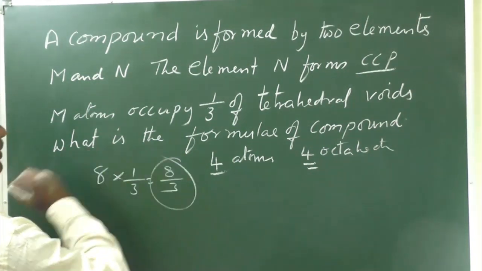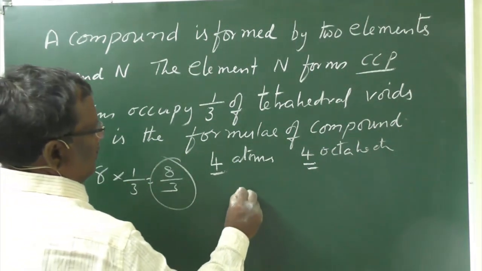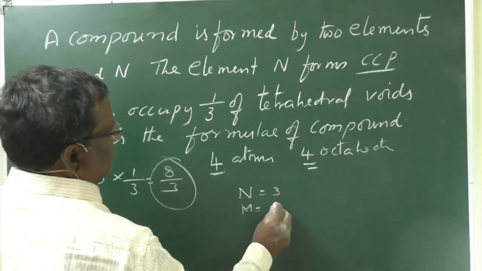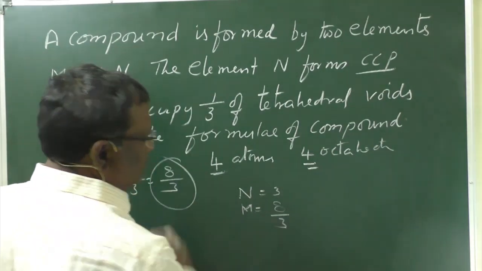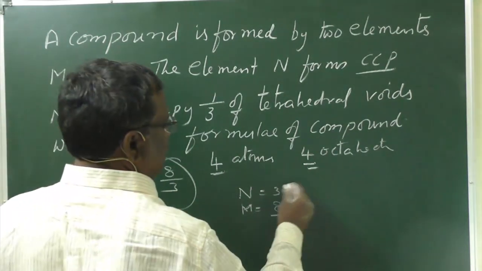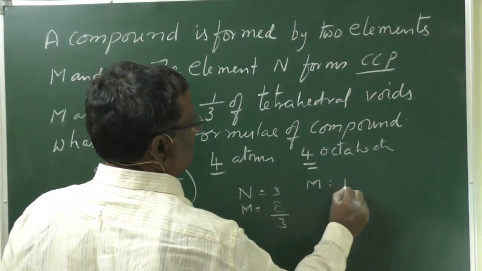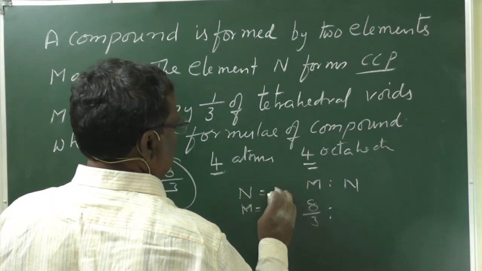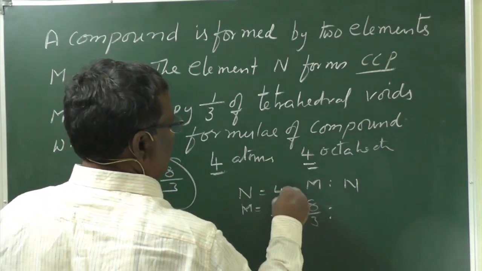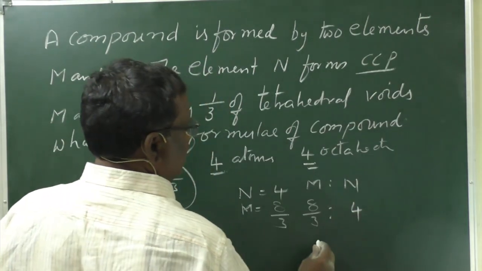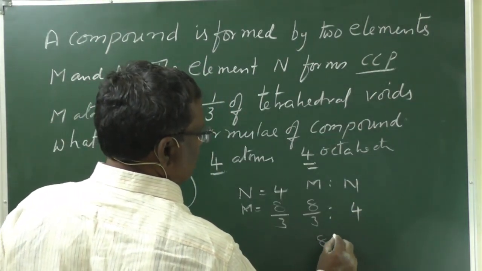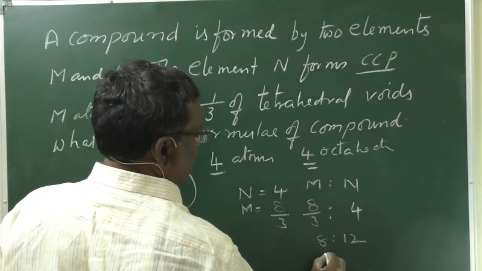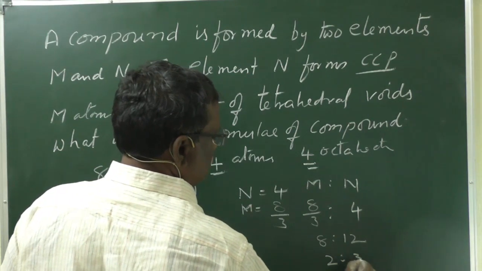So, the number of N atoms is 4 and the number of M atoms is 8/3. So, the formula of the compound, the ratio of M to N, is 8/3 to 4, that is 8 to 12, or 2 to 3.